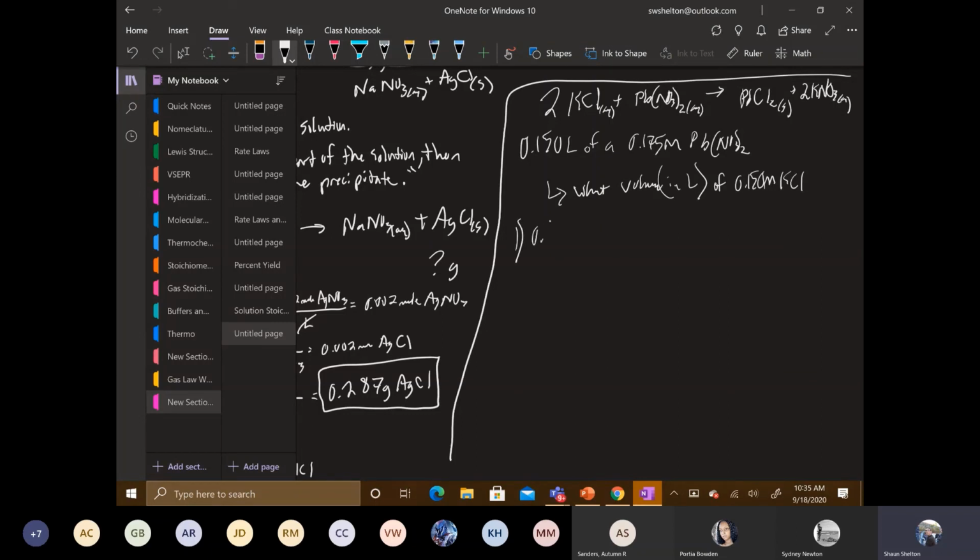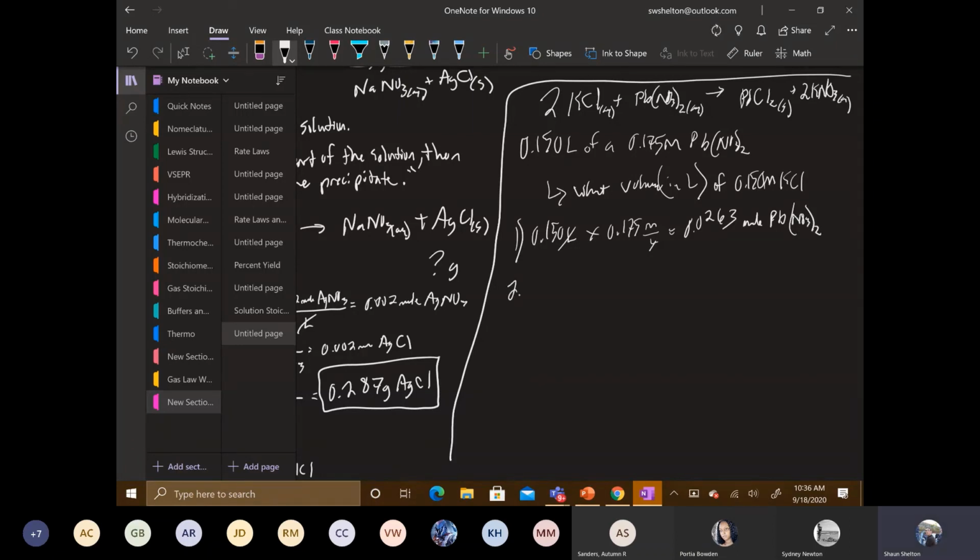You're going to take the volume and multiply it by the 0.175 molar lead 2 nitrate. So the liters cancel out. That's why you know to do that, because you want your volume to cancel. 0.15 times 0.175 gives me 0.0263 moles of lead 2 nitrate.